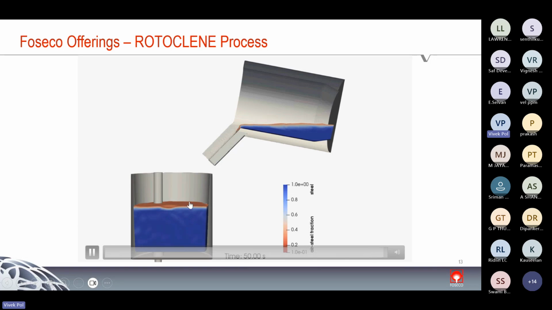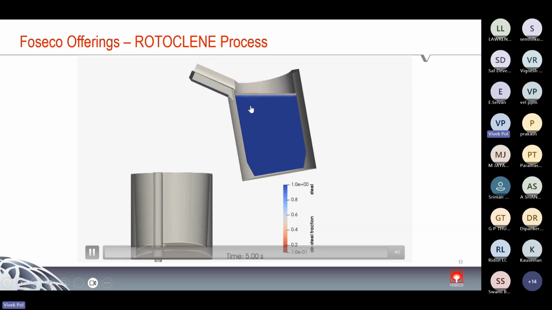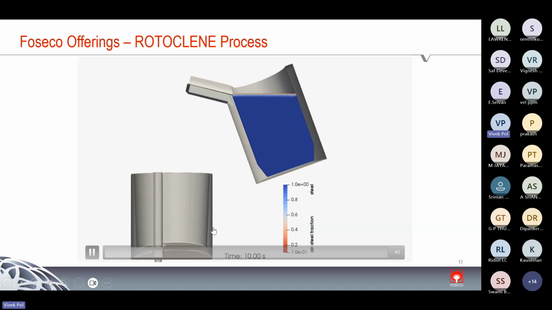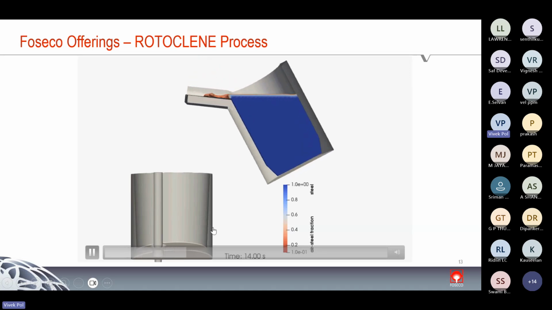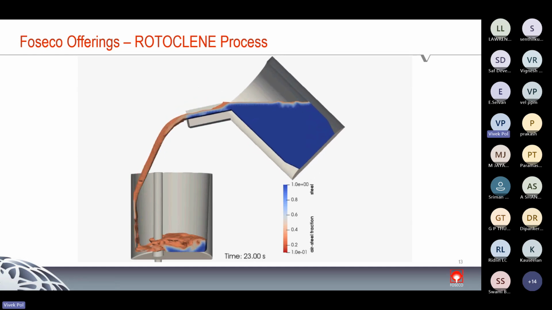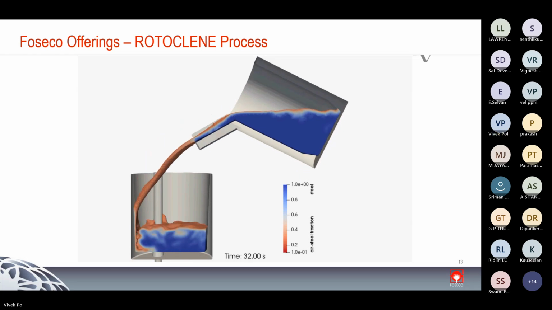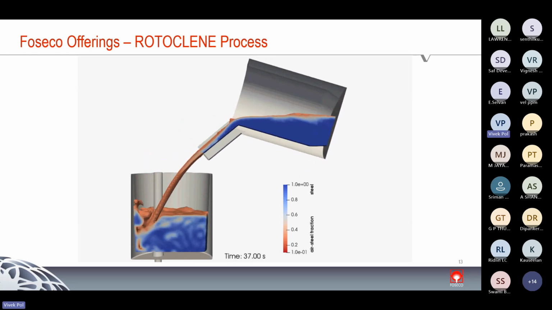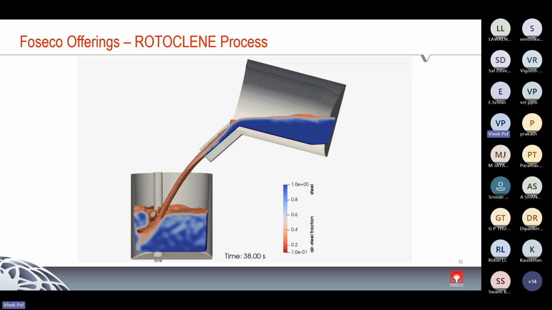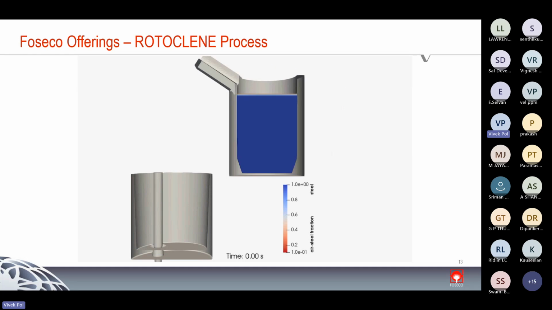Looking at the air to metal ratio during tapping from furnace to ladle, you can see a lot of air is getting entrapped in the metal, which is creating inclusions and bimetallic films, which are not good for casting because of all those problems we discussed, like non-metallic inclusions and poor surface finish.